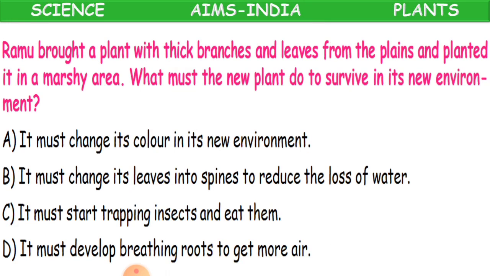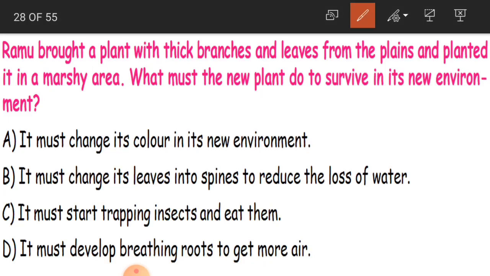The next question here. Ramu bought a plant with thick branches and leaves from the plains and planted it in a marshy area. What must the new plant do to survive in its new environment? So what did Ramu do?